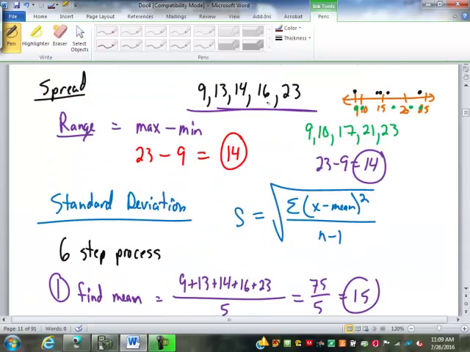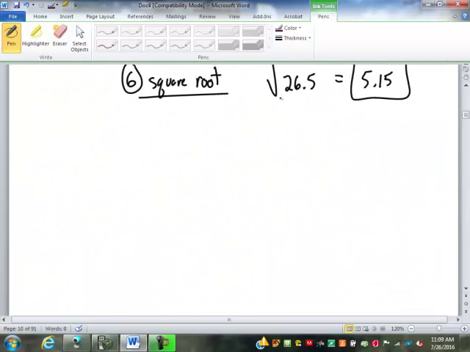Now my other set of numbers, 9, 10, 17, 21, 23. We said they look to be more spread out. Well, let's see what we get. What's step 1?